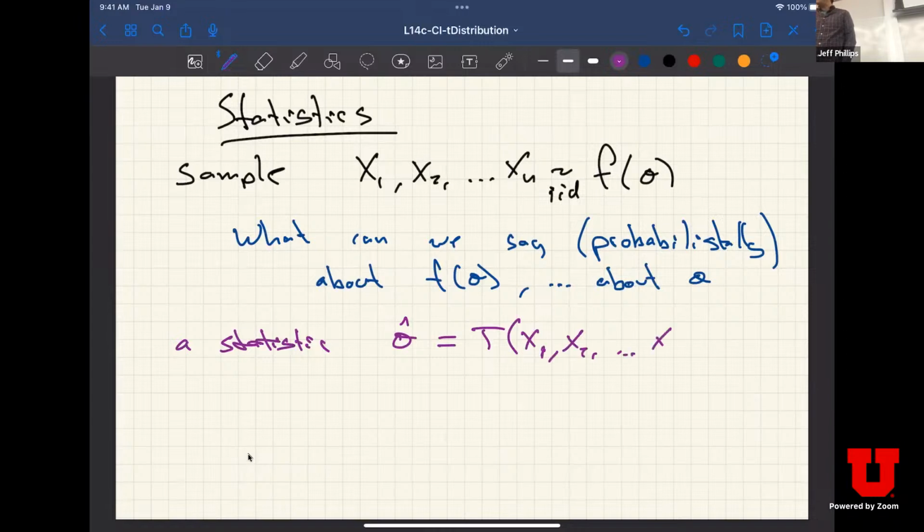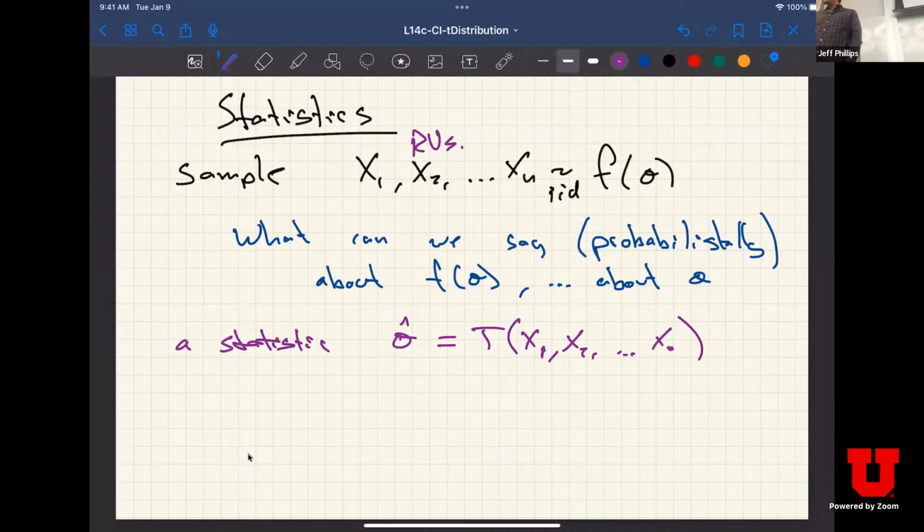If you remember, X1 through xn are random variables. We haven't actually touched the data yet. We're going to think about what happens when this is actually data, but we're reasoning about it. So when we look at data, we know how much to trust the data, or what we can say about the actual data we get.